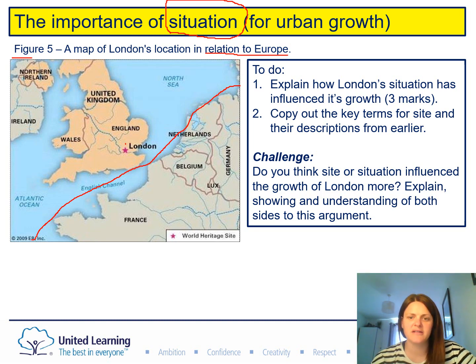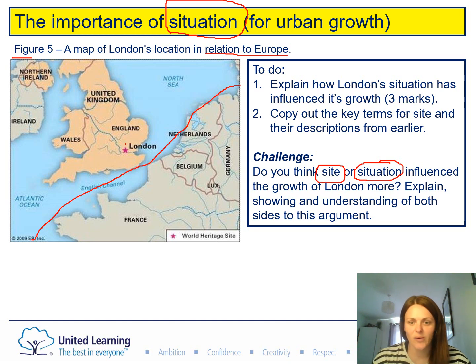There is a challenge here as well. Do you think site or situation influenced the growth of London more? So do you think it was the site or the situation of London which meant it could be so successful and grow? So for this, guys, I want you to spend about 10 minutes doing this. Really think about it using PLC, and then we'll go over it.